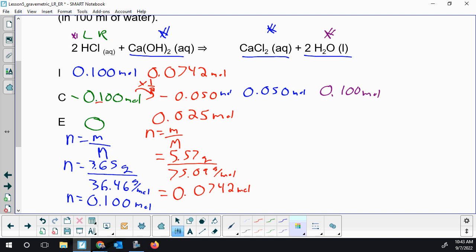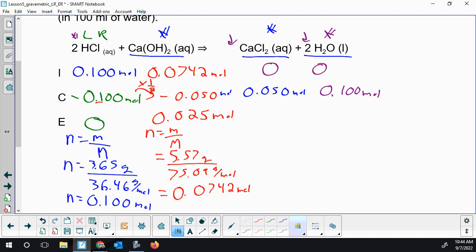So we're going to get double the water compared to the calcium chloride that's made, because they'd both be starting at 0. That's what our coefficients tell us, double the water compared to our aqueous one. So that was an example where our ratios were 1 to 2.